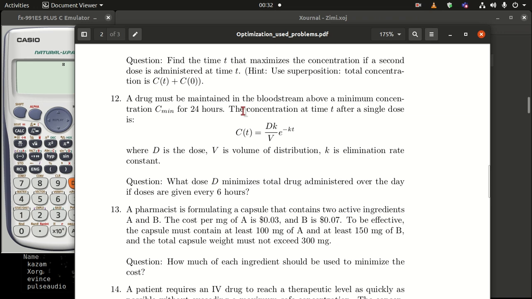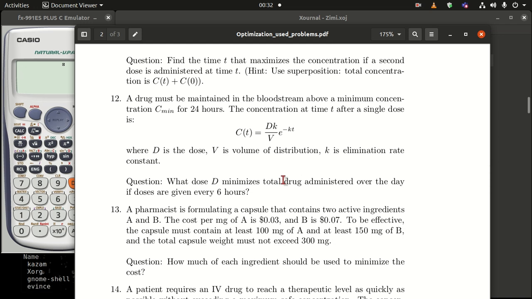The condition here is saying, what dose D minimizes the total drug? So we want to minimize the total drug in the body.